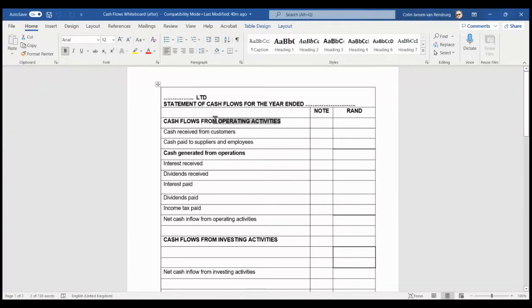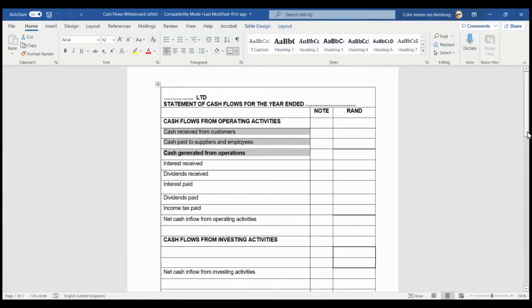It is because this section, this cash flows from operating activities, can be further subdivided into two sections. This is our first section, the first 3 lines there. Those lines purely deal with the operations. Now, what are the operations of the company or the business for that matter?